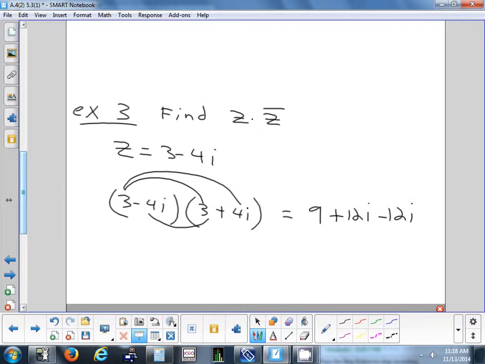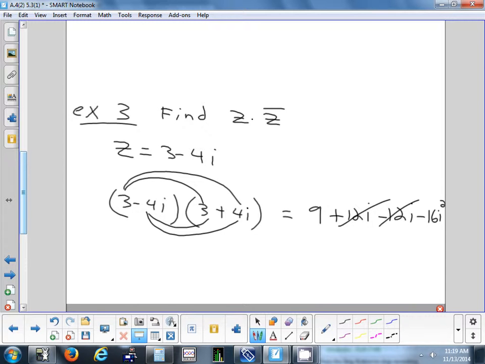Good. And then the last part, negative 4i times positive 4i. That's a negative 16 i squared. Good. What's going to happen there? Anybody see something right away? All the imaginaries go away. Okay, I at least can see these go away.